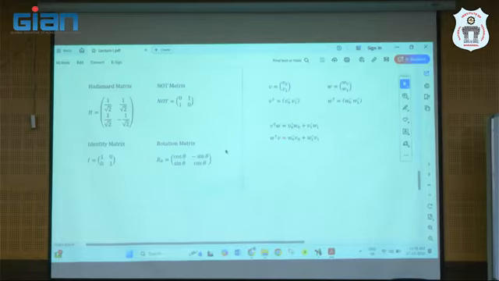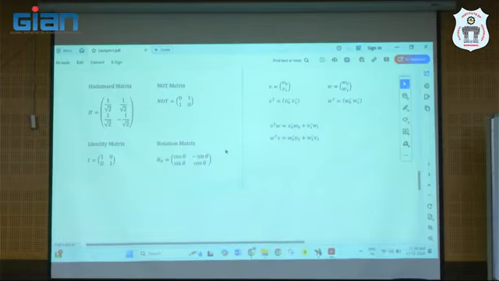For the NOT matrix, you can verify all the properties are there. Identity matrix, all the properties are there. What about this matrix? What is the norm of the first column? L2 norm. Why is it like that? Trigonometric identity: sin square theta plus cos square theta is 1.